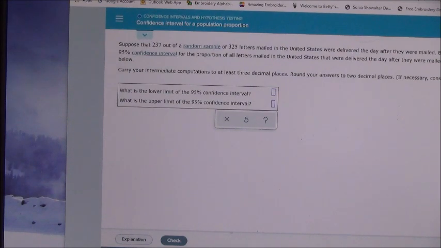My confidence interval went from 0.092 to 0.148.